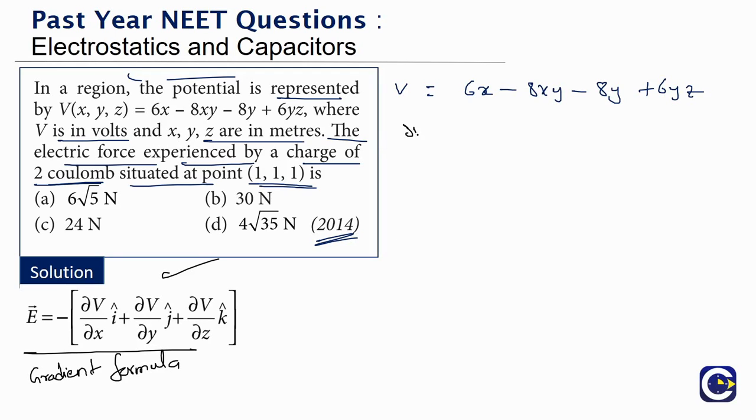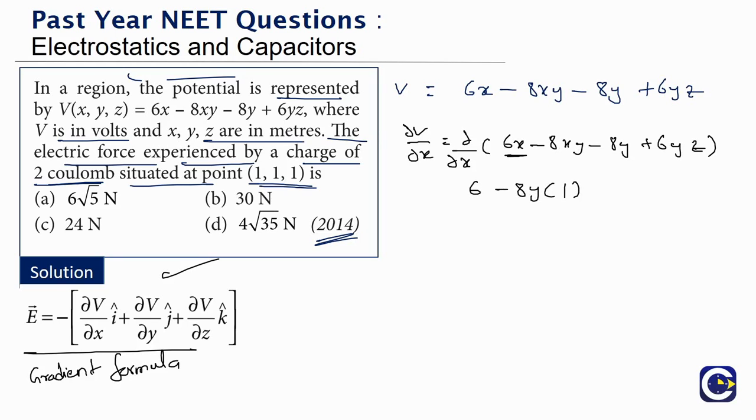So look at this. ∂V/∂x, the partial derivative, of 6x minus 8xy minus 8y plus 6yz. When we say partial derivative, only x is taken as the variable, and y and z are taken as constants. First term is 6x, means 6. Second term, 8 and y are constants, derivative of x is 1.